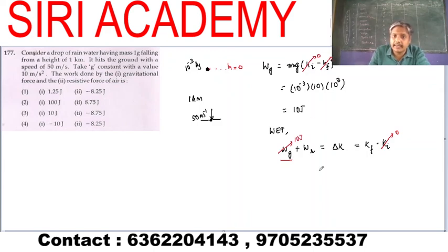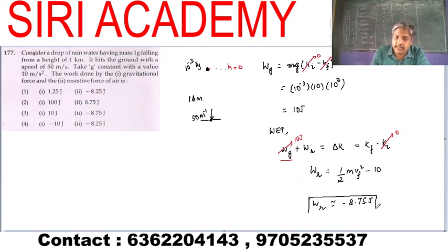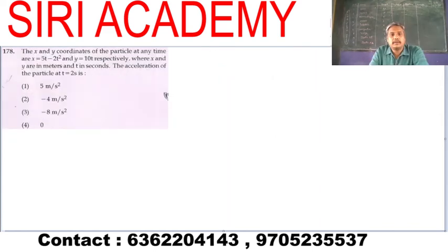So work done by the resistive force is equal to the final kinetic energy, half m v f square, minus 10. Solving this, we are going to get it as minus 8.75 joule. So this is the work done by the resistive force and this is the work done by the gravitational force. So the correct answer related is third.